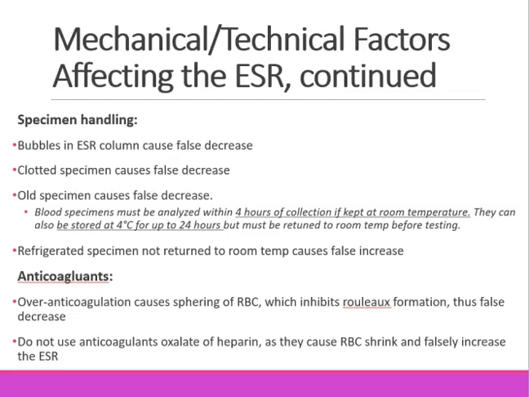If they have too much anticoagulant, it can cause a false decrease. Also, you do not want to use anticoagulants of oxalate or heparin, because that will cause the red blood cells to shrink and will falsely increase your ESR. So don't use too much anticoagulant, and don't use the incorrect type of anticoagulant.